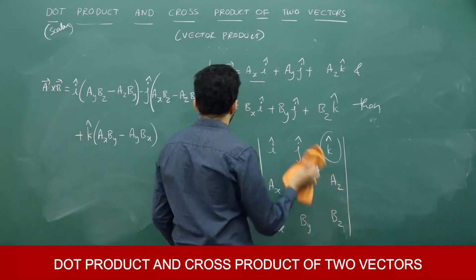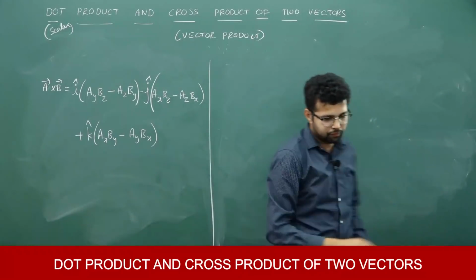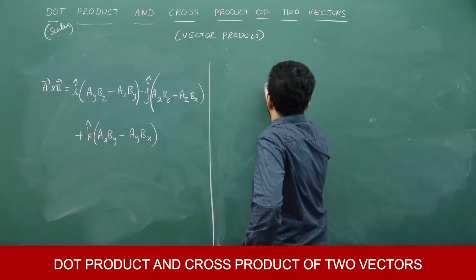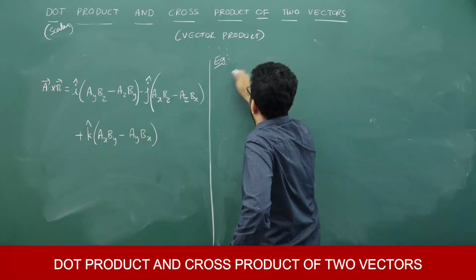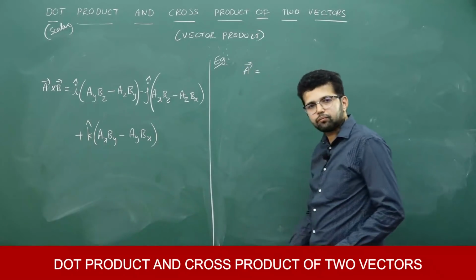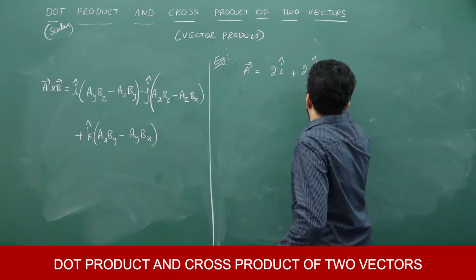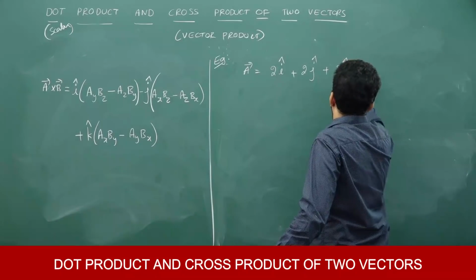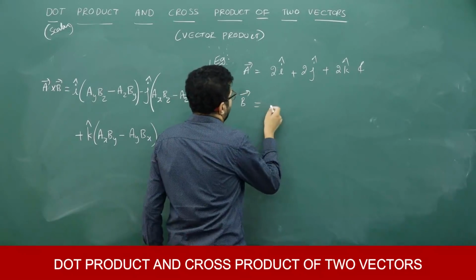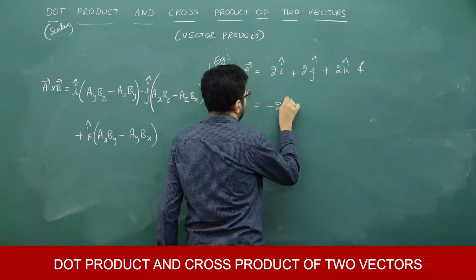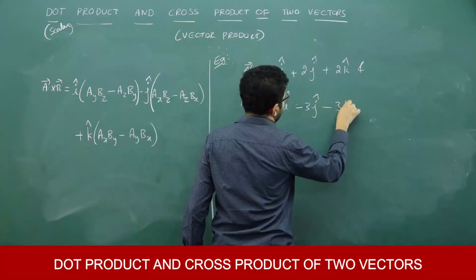We will see by using an example. Say vector A is equal to 2 i cap plus 2 j cap plus 2 k cap, and vector B is equal to minus 3 i cap minus 3 j cap minus 3 k cap.